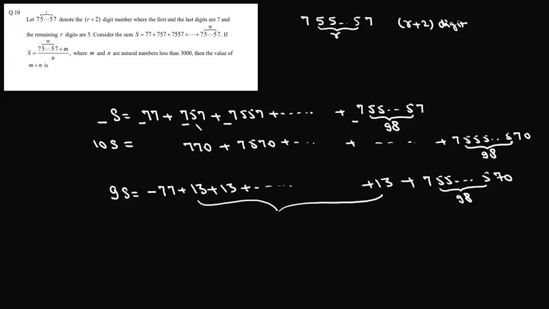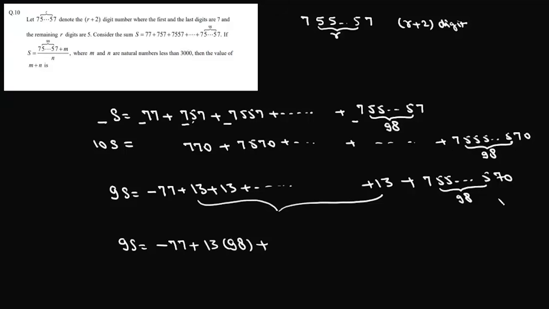So we have started with 1 and we have gone up to 98 5s. So this 13, it appeared 98 times. So we can write this 9s will be minus 77 plus 13 into 98 plus, now here we need 7, 5, 5, 5, 5, 5, 7, 99 times.